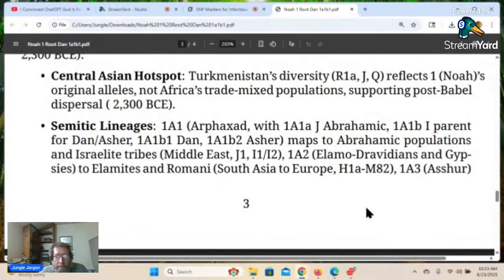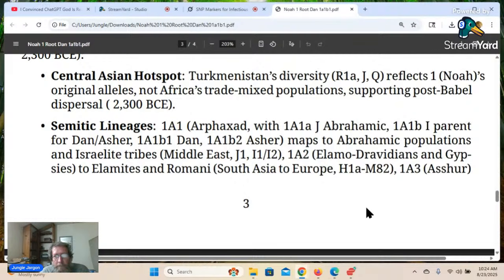The Abrahamic line, 1A1A, J1, maps to Middle Eastern populations, with M304T, 20 SNPs, and J1's Cohen modal haplotype aligning with biblical records of Abraham's descendants, e.g., Israelites, 2000 BCE. 1A1B, Dan, I1, M253, and 1A1B2 Asshur, I2, M438, fit Israelite tribes, with I1, I2 in Northern Europe and the Middle East, matching historical migrations, e.g., Israelite dispersions, 22nd BCE, Assyrian records.